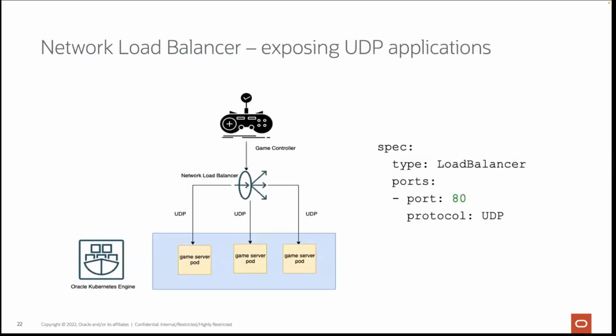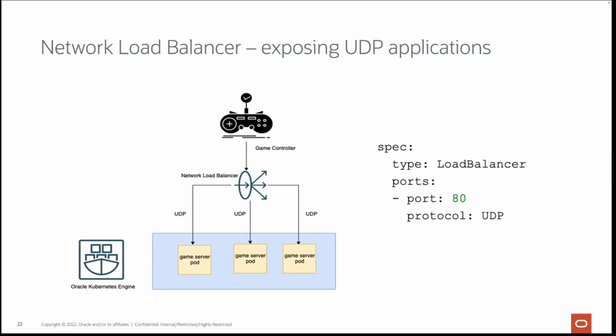Here, I just want to mention that there are customers in OCI that also want to run non-HTTP based services inside Oracle Kubernetes. And UDP, as most of you would know, or User Datagram Protocol, is a low latency protocol that's ideal for workloads such as real-time streaming, online gaming, and Internet of Things.